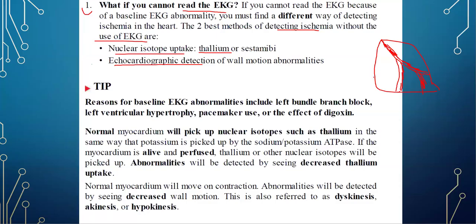Now what if just this part of the muscle did not take up thallium like the other part? It means that most likely the right coronary artery has some block, that's why this part of the heart did not take up thallium like it should. Then you would know that something is wrong in the right coronary artery.